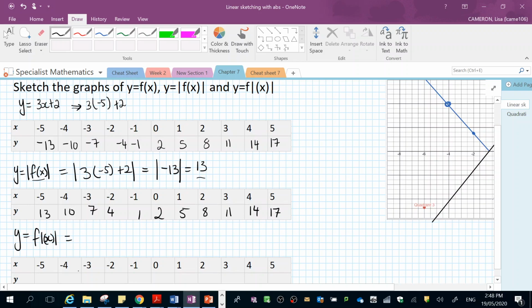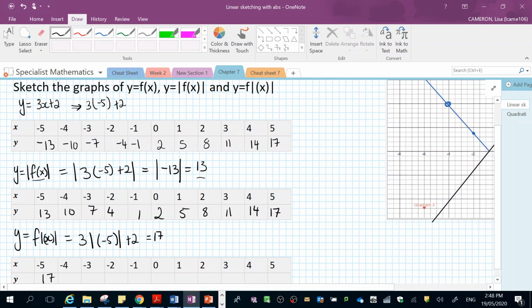So I'm going to substitute into my function, but whatever x is, I'm going to absolute it. So now I've got 3 times the absolute value of negative 5, plus 2. Okay, so this is going to become a positive 5, so 3 times 5 is going to be 15, plus 2 makes 17. So this one down here is going to be 17.